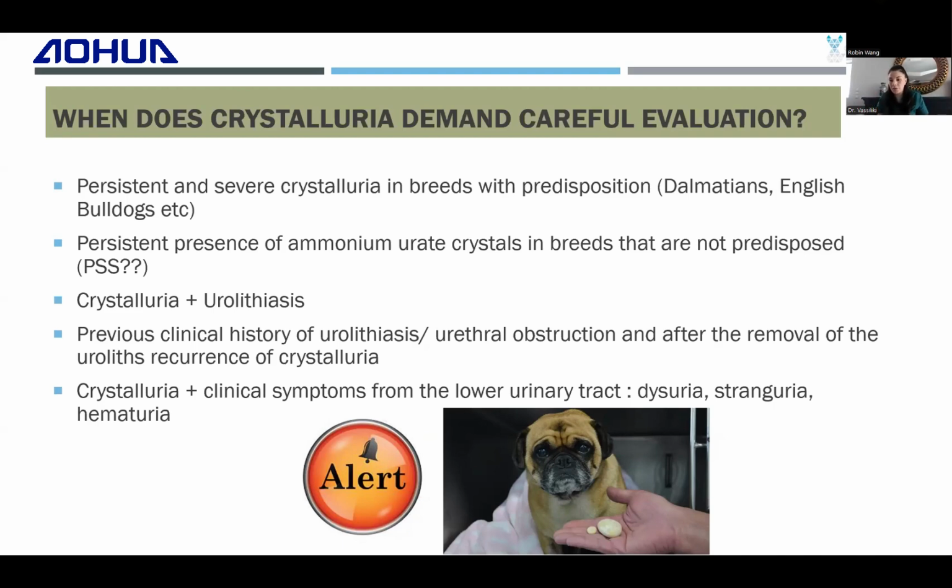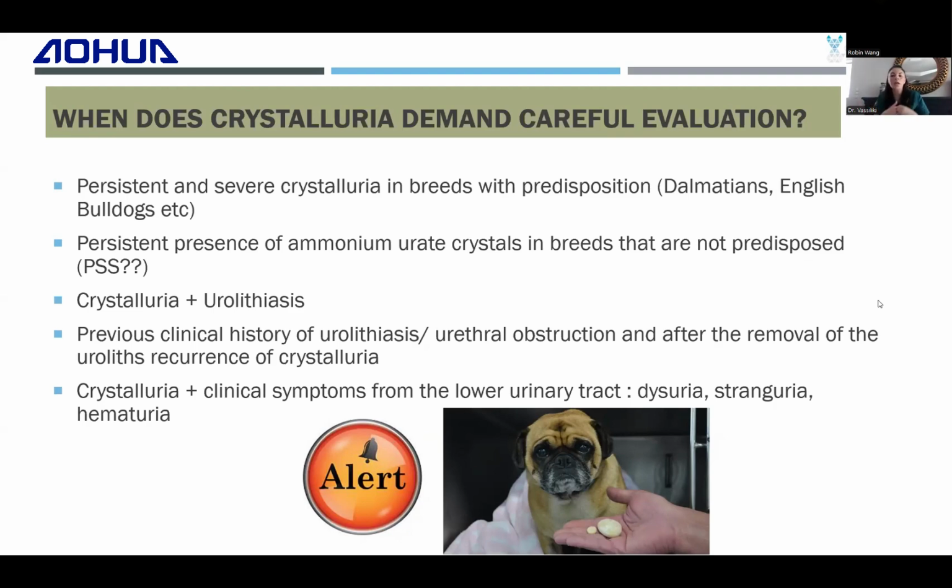Crystalluria plus urolithiasis. We've talked about the differentiation, but if you have crystalluria and you have already formed uroliths, even in the past, then this animal is predisposed and should be closely monitored. Previous clinical history of urolithiasis, of urethral obstruction, and after the removal of uroliths, if you have recurrence of crystalluria, this means that something is not balanced very well.